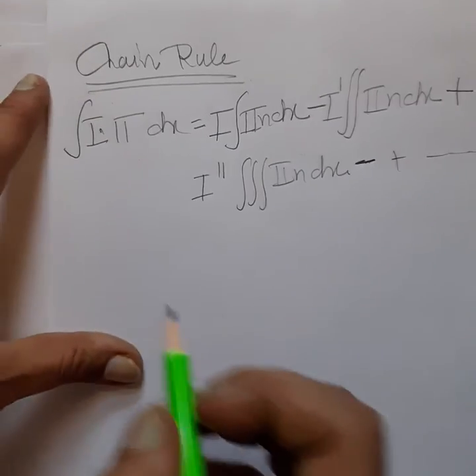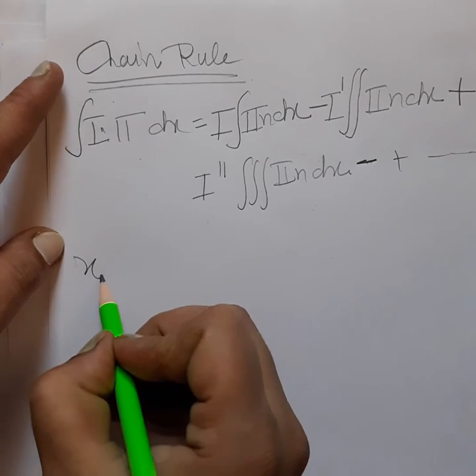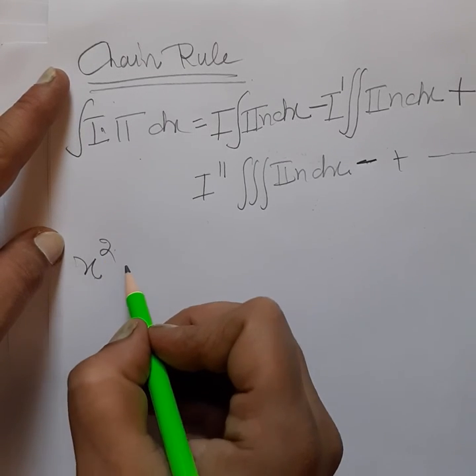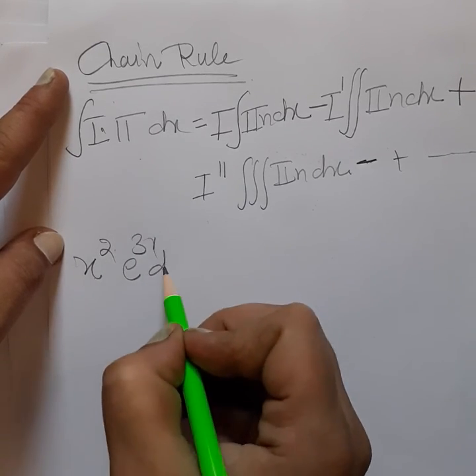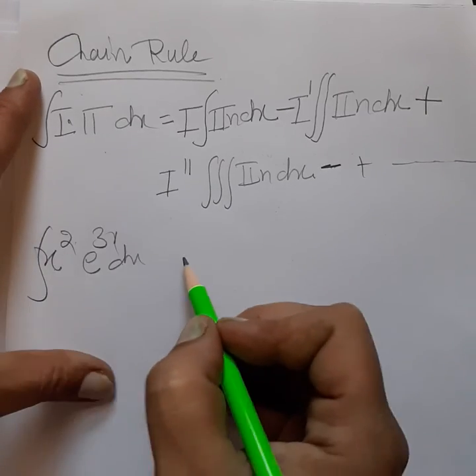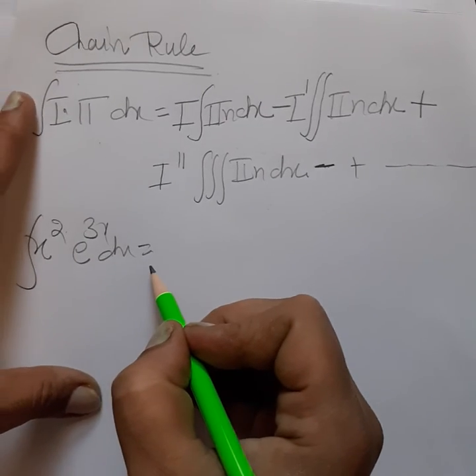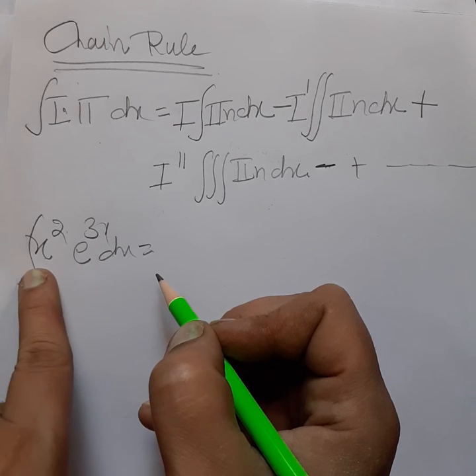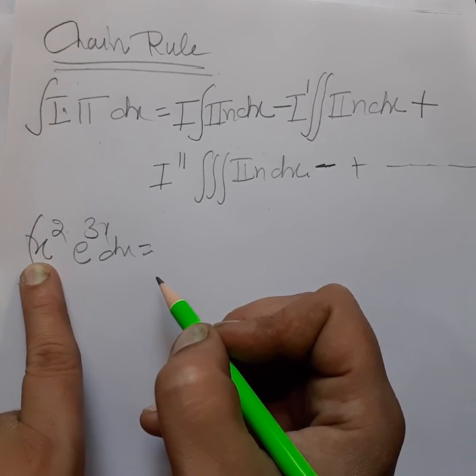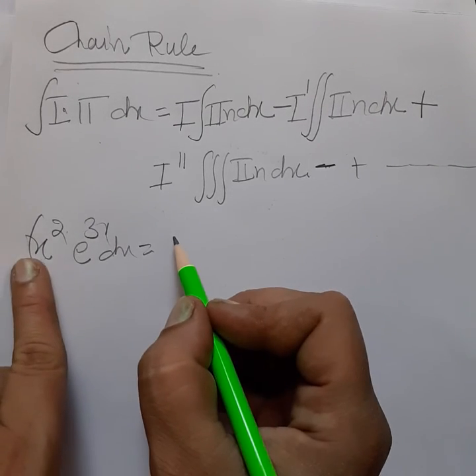Okay, now we can see it in this question: x square, and you can write here e to the power 3x. Now first of all we write our first function as it is, because the derivative of x square will vanish after 2 or 3 steps, we know that.